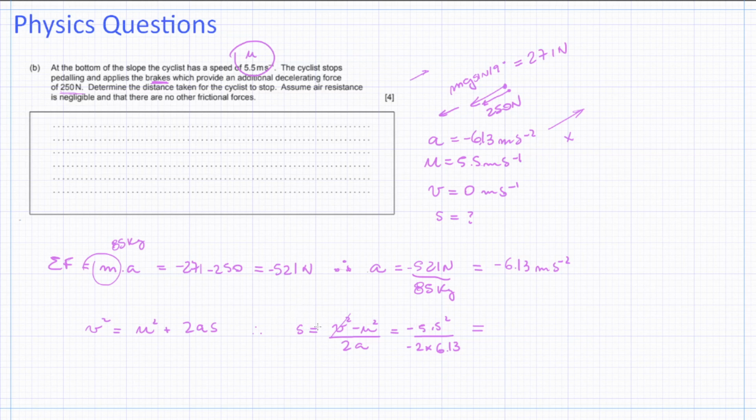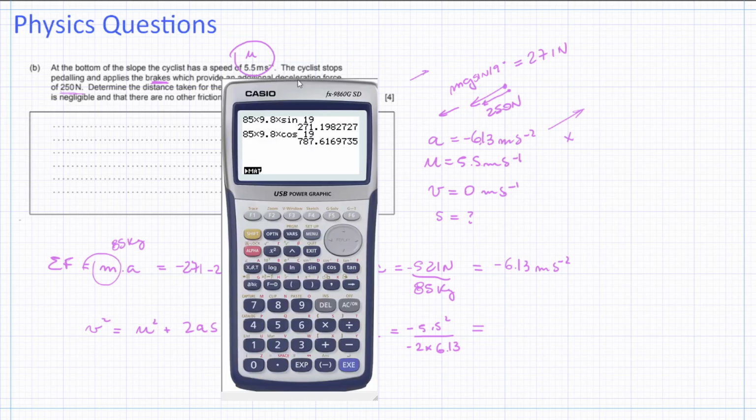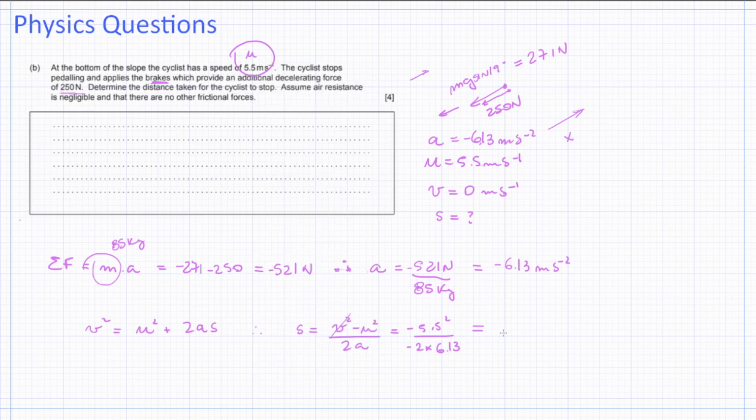I know that my final displacement will be in meters. So if we calculate 5.5 squared divided by 2 times 6.13, notice that I haven't put the signs because it's pointless. We would have something around 2.47 meters, which is not that much.